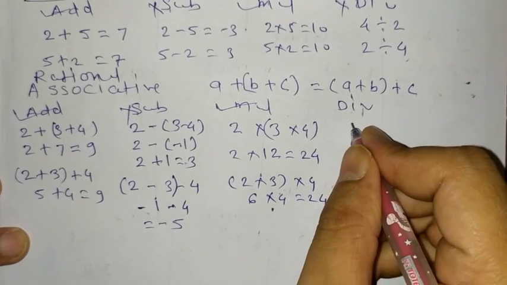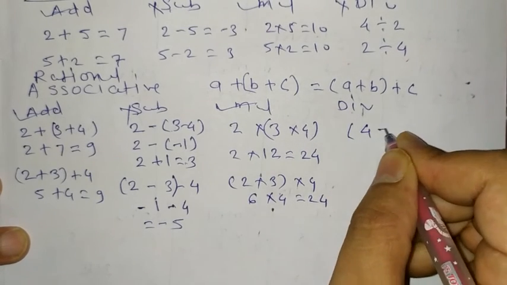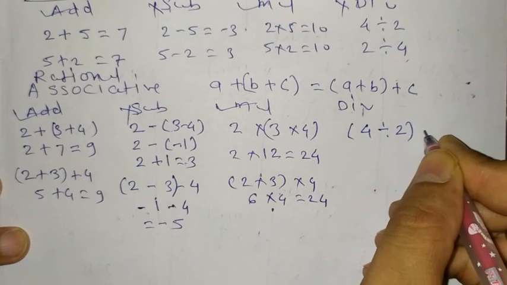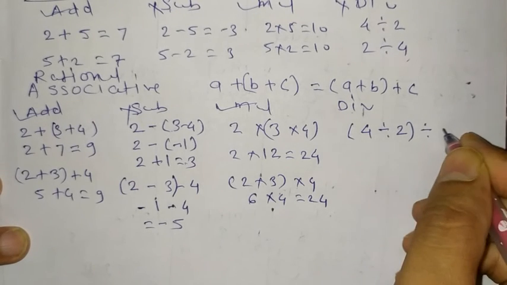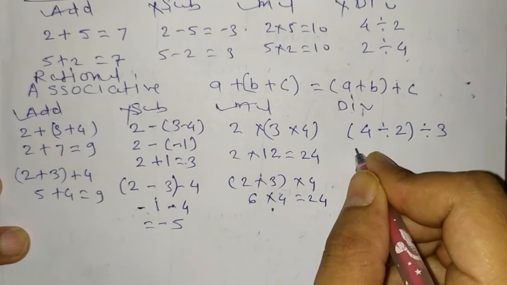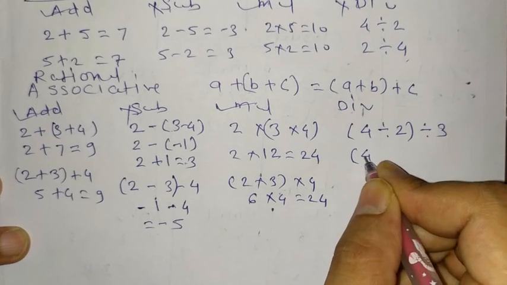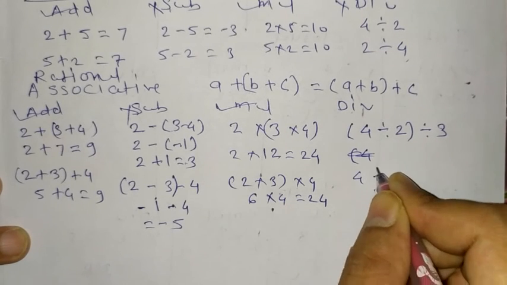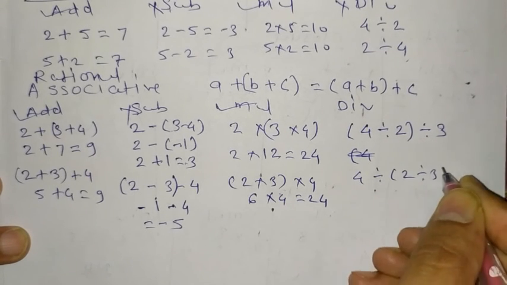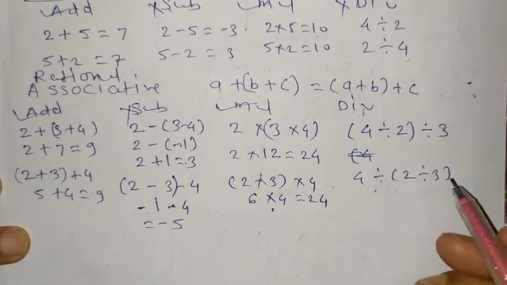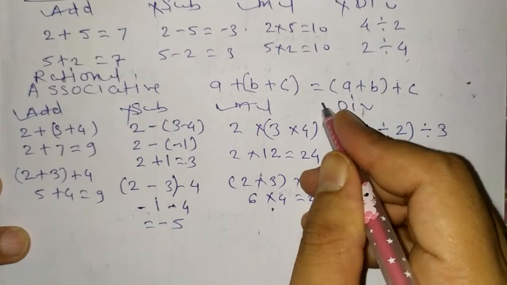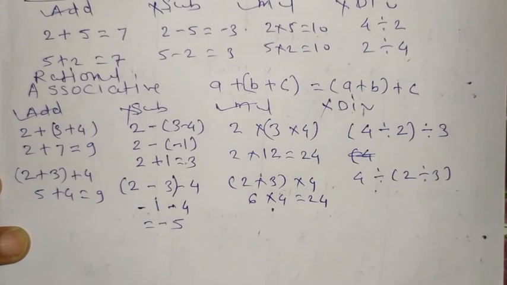Suppose I am taking 4 divided by 2 divided by 3. You can also write 4 divided by 2 divided by 3 with different brackets. You have to just check it on your own. The answer will come different. So here division is also not satisfied.